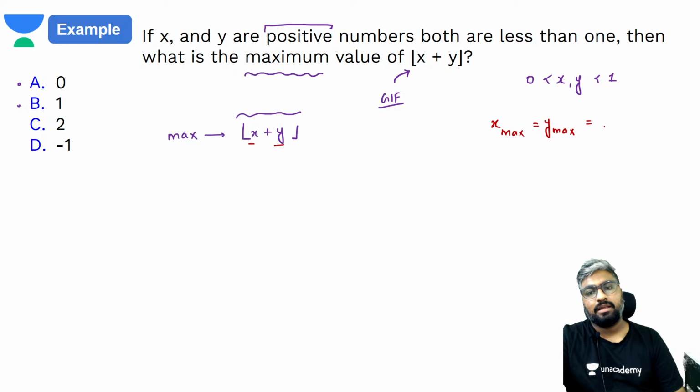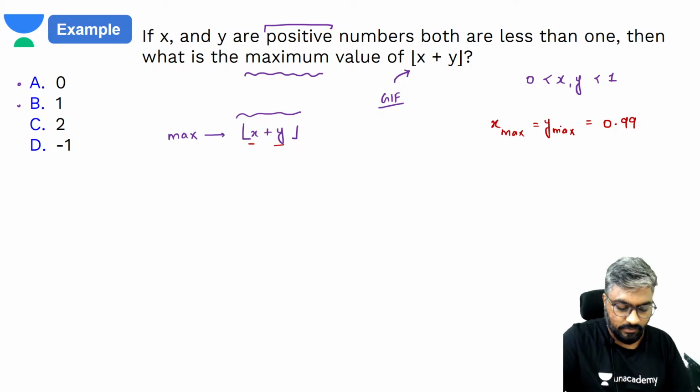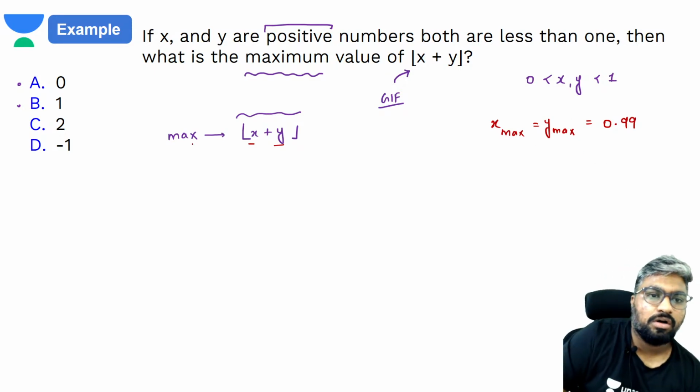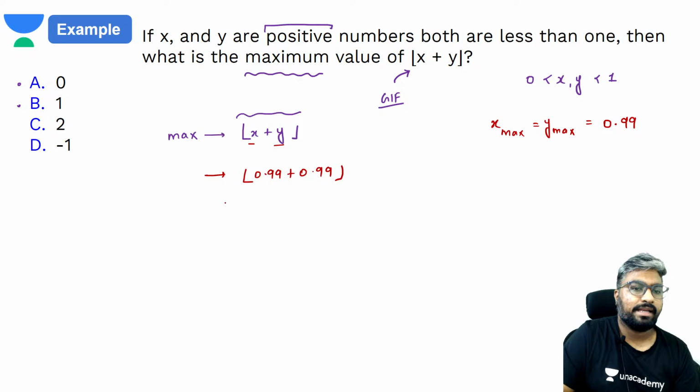Okay, for our benefit, let's call it 0.99. So what will be the maximum value of the greatest integer of 0.99 plus 0.99? Unless both are 1, we will not get 2.